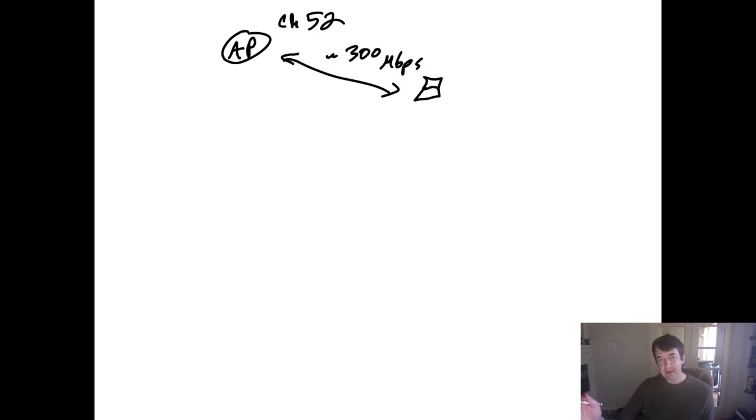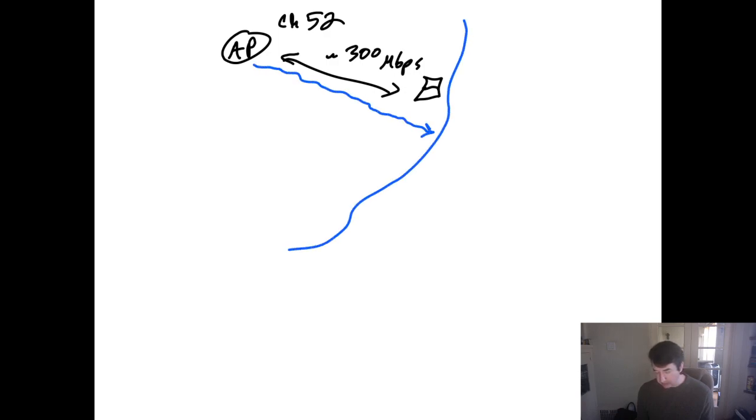Some frames above 300, some below 300, but somewhere around 300 megabits per second. So clearly there's a range here of 300 megabits per second, and my laptop happened to be within range. That's supposed to be a laptop. Doesn't look like a great laptop drawing, but hopefully that's a little bit better there.